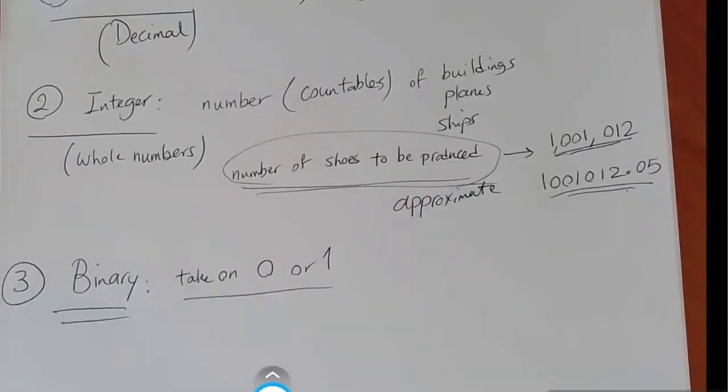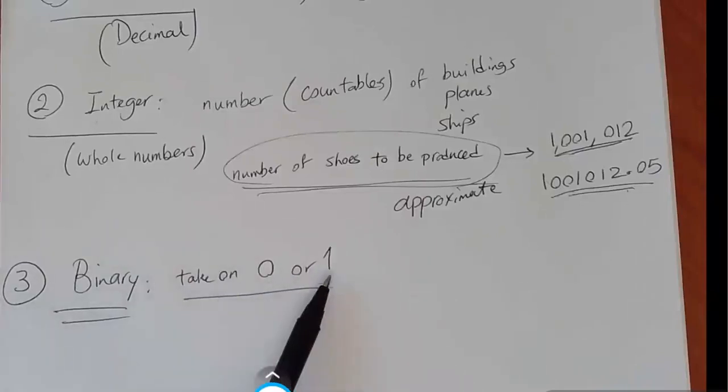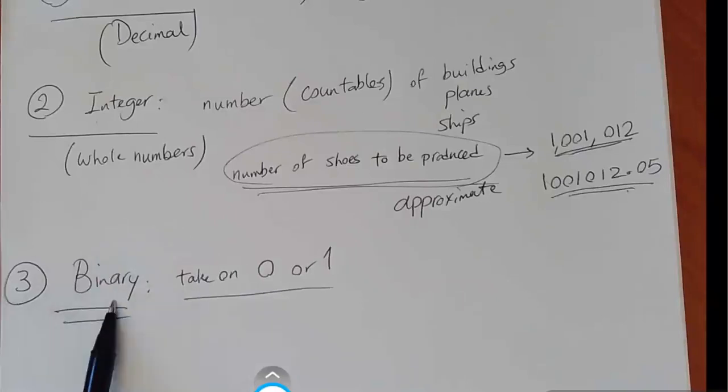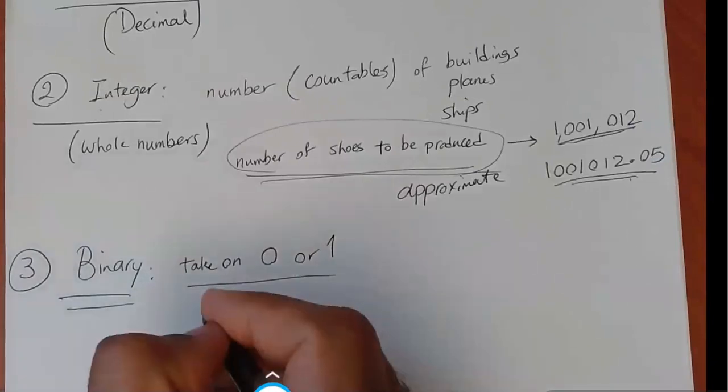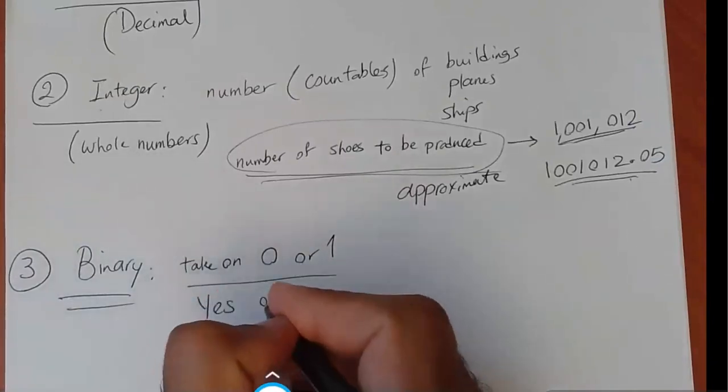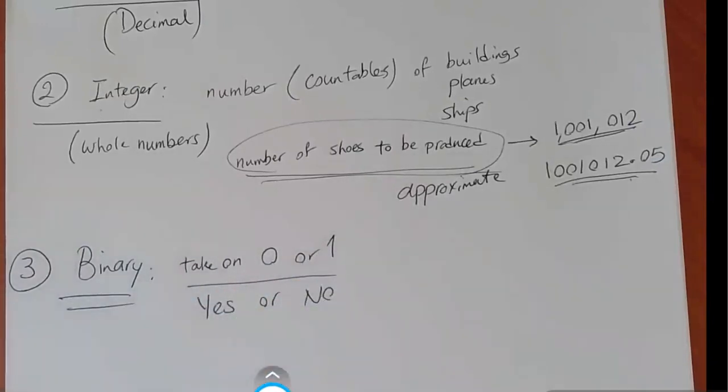Those are binary decision variables. And we use those binary variables when we're dealing with decisions that have only 2 values. An example of that is when we have a yes or no type of situation, right?